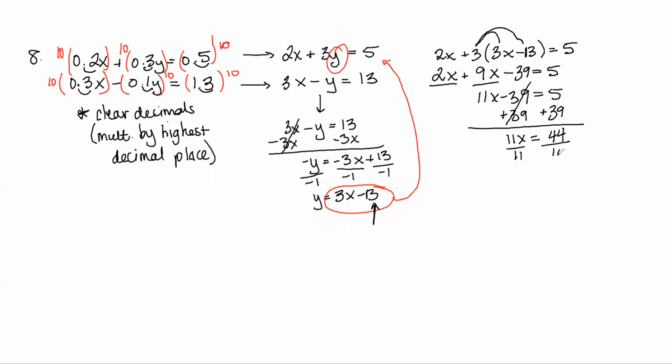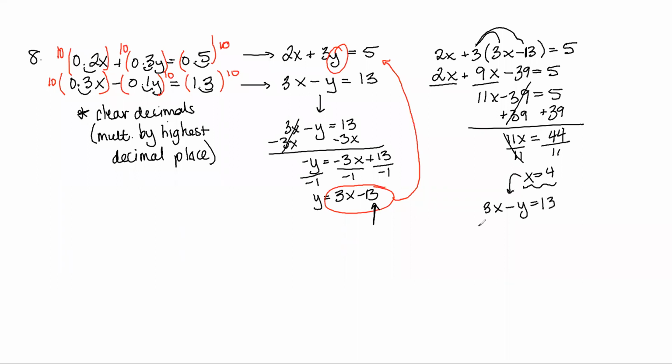All right, so then divide by 11, and we get x equals 4. Take this and plug it back into one of these equations over here. We're solving for y now, so I'm going to plug it into the second one. So 3x minus y equals 13. I keep saying 13 and not writing 13. Here we go.